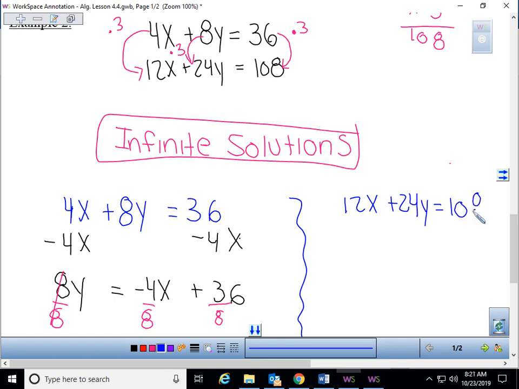Same deal. I have to get my y by itself, so my first step is to subtract 12x on both sides. That gives you 24y equals negative 12x plus 108.